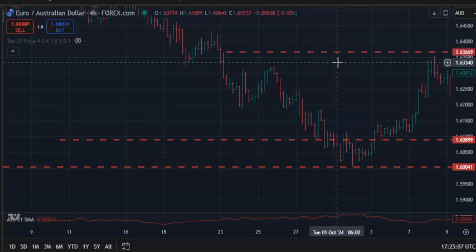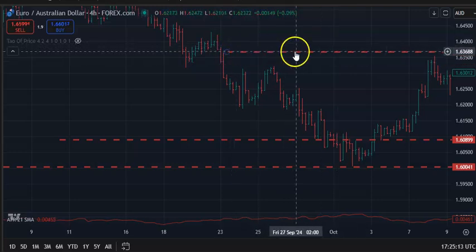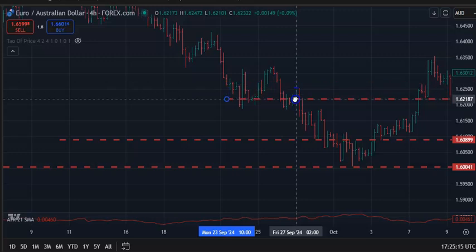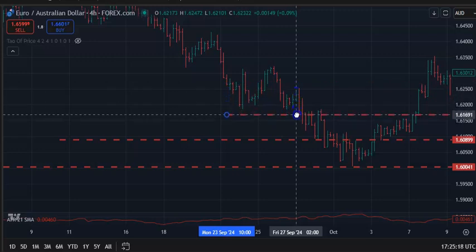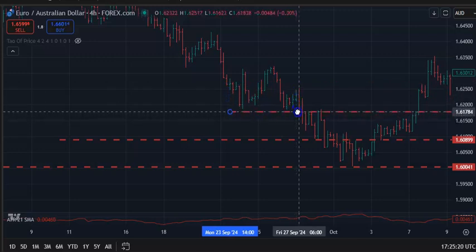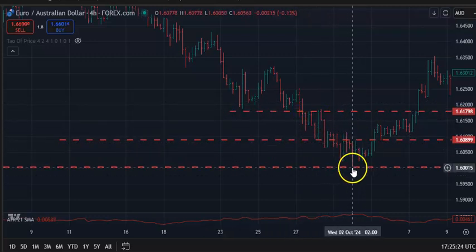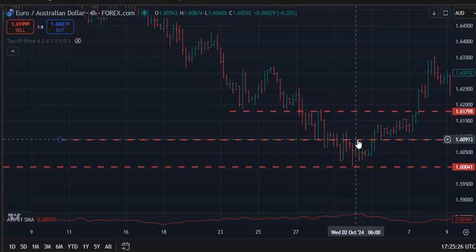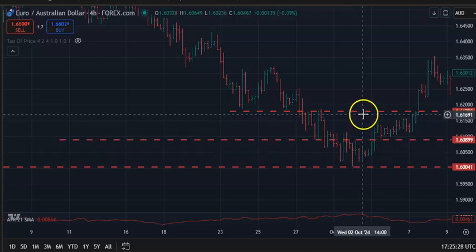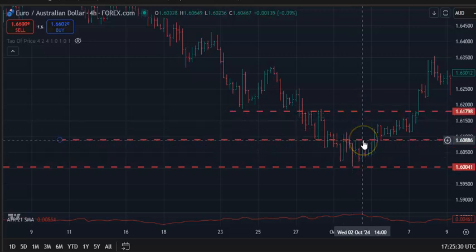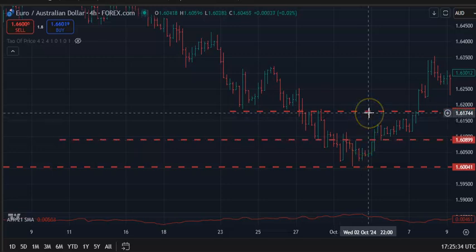What's that times 1.0056? Next level, 161.79. Right there. So this is the first 1.0056 multiplied by the low, and this is this level.